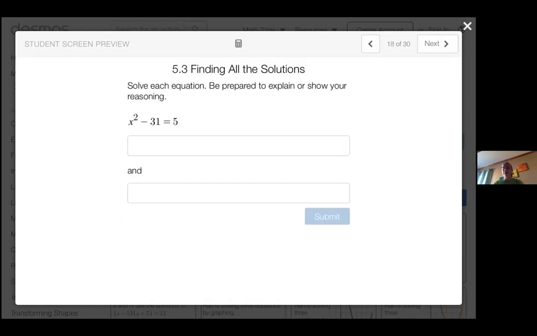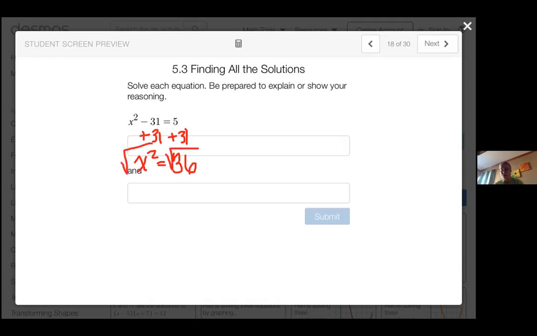All right, so this one, same approach, because do we have any x terms? So we just need to take the x squared. From here, we're going to add 31 to both sides. So I get x squared equals 36. And then we're going to get rid of the square, so I'm going to square root both sides.